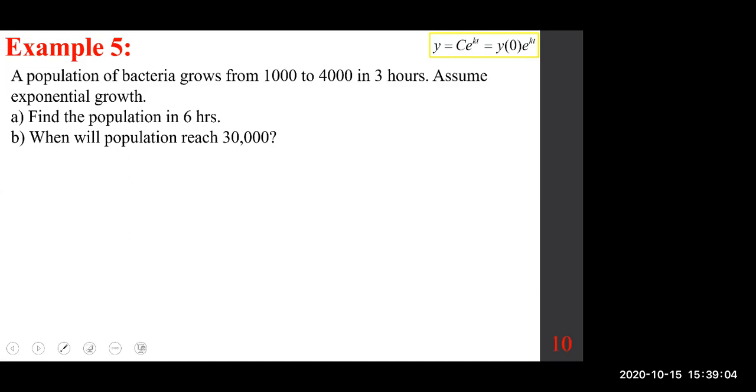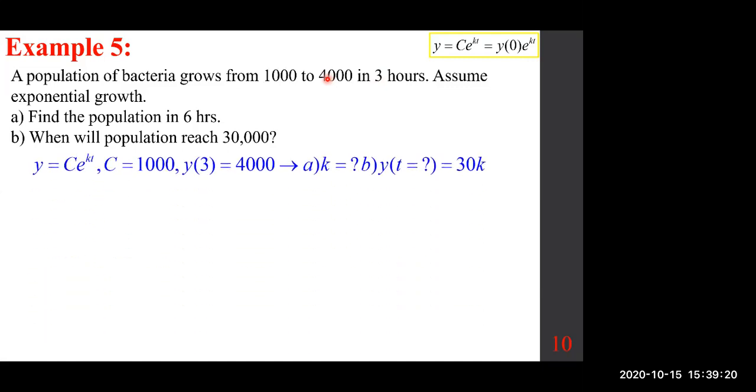Originally we have 1,000, so that's the original size, y sub 0 or c. And then in 3 hours, when t is 3, we have 4,000. So this is the information given. If we use this formula, c is 1,000. Y of 3 is 4,000.